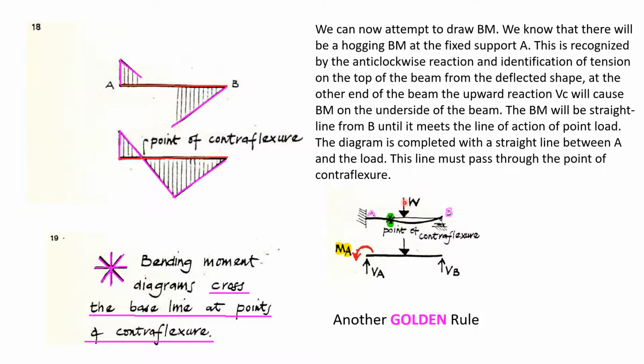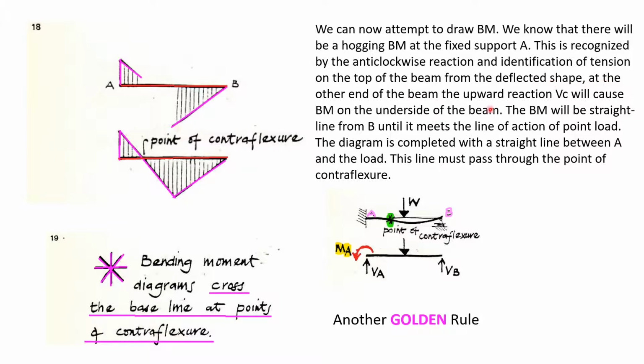Because of the vertical load applied, there will be an anti-clockwise moment reaction at support A that makes the hogging moment. Because of this hogging moment, the top side of the beam will have tension.